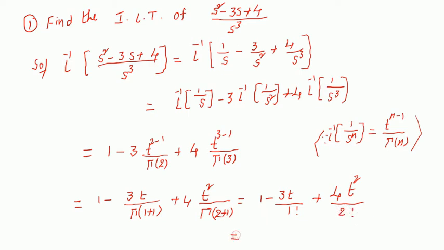So this is 1 minus 3t, 1 factorial is 1, plus 4t square by 2 factorial, which is 2. So this is equal to 1 minus 3t plus 2t square. This is the first problem in the inverse Laplace transform. Now going to the second problem.